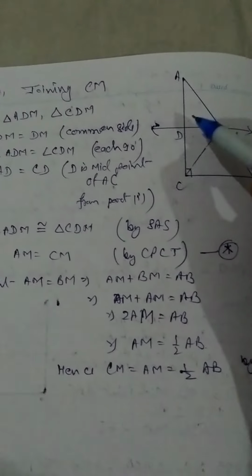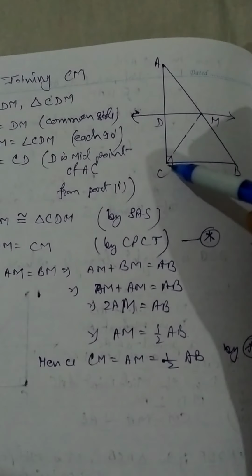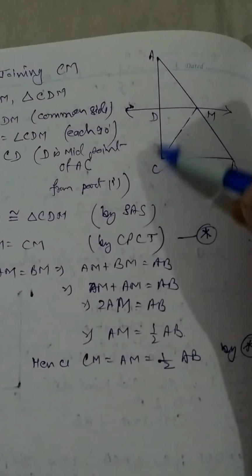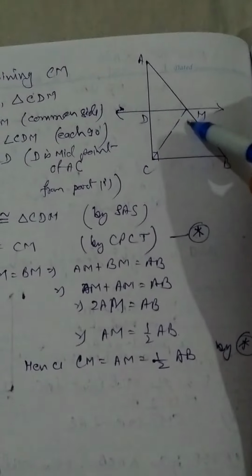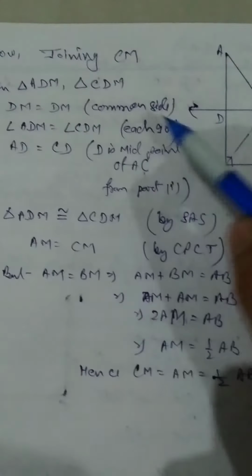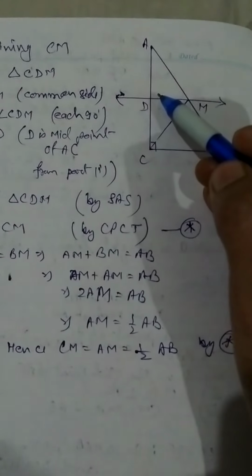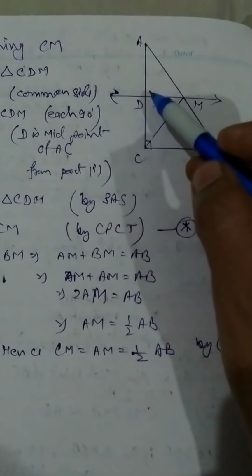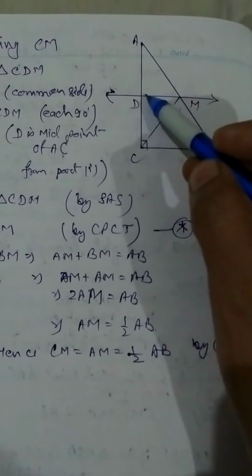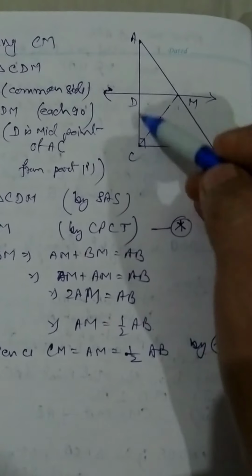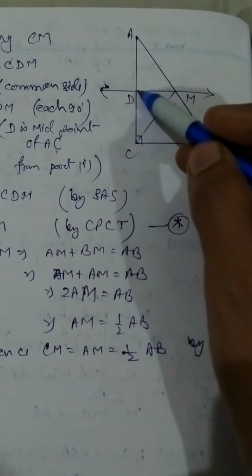Joining CM, in triangle ADM and triangle CDM, you have two triangles where DM is the common side. So write DM is equal to DM, the common side. You have proved in the second part that DM is perpendicular to AC, meaning this angle ADM is 90.